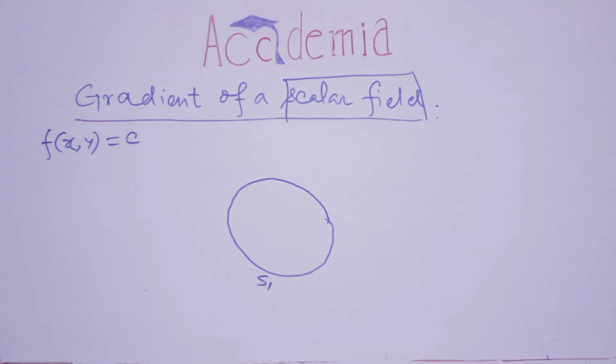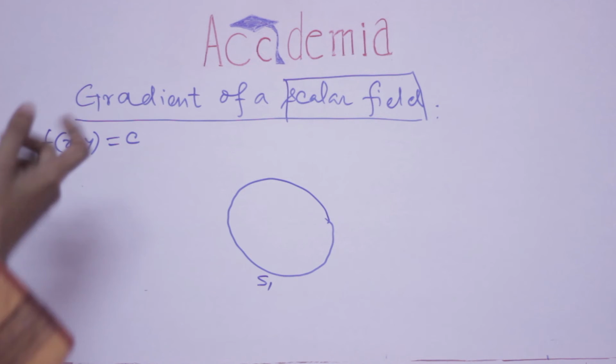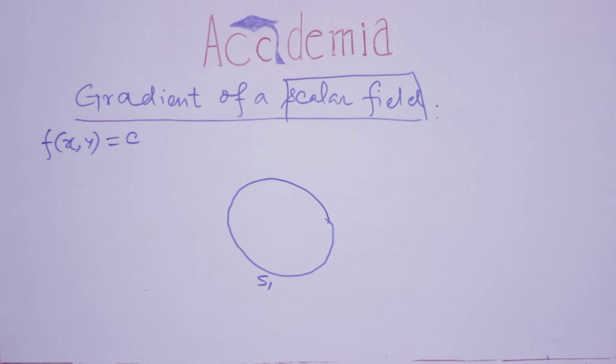So f(x, y, z) is equal to c. It is not f(x, y), I have made a mistake here. It will be f(x, y, z) instead. So f(x, y, z) is equal to c for S1. If c has a different value, then f(x, y, z) will produce a different surface.